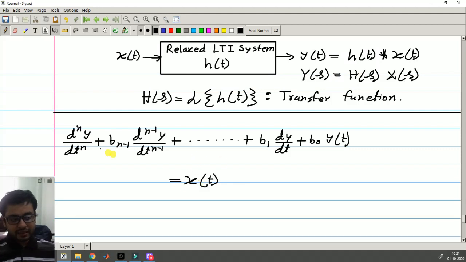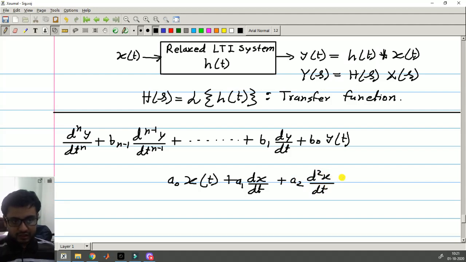Let us now make this equation a bit more general by writing on the right side, instead of the input alone, the input plus the derivative of input dx/dt with coefficients, say a_0, a_1, then plus a_2 times the second derivative, plus maybe up to the mth derivative of the input.